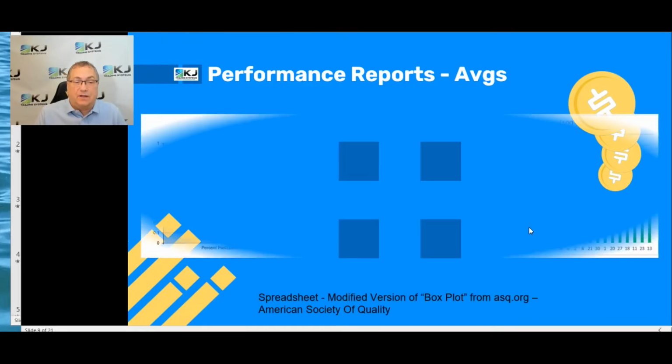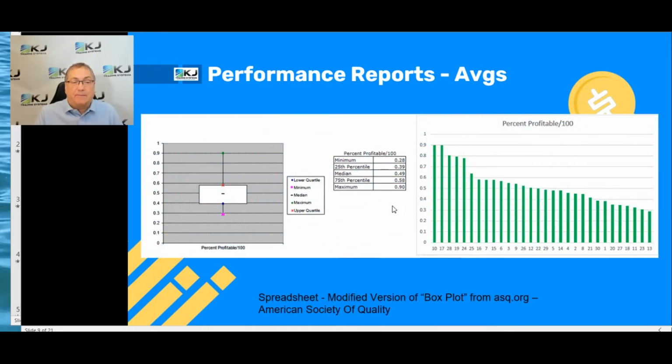So let's first look at percent profitable, because people a lot of times are hung up on how much profit a strategy gives and how often, meaning, oh, I've got to have at least 60% profitability or this isn't a good strategy. Well, here's 30 strategies that I'm trading. The median's around 49%.